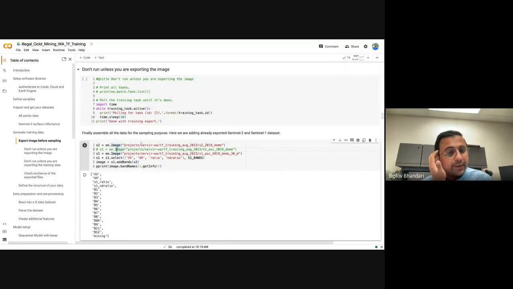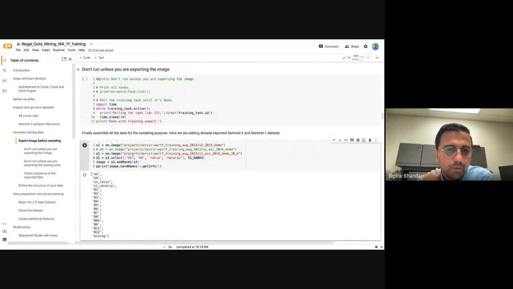Now we have the Sentinel-2 data, which I exported as s2_2019. Remember, this also has the label in it. Then we also have this Sentinel-1 data, and I went ahead and ran the same script that the team showed us yesterday for that study area, and I have it exported and provided here.